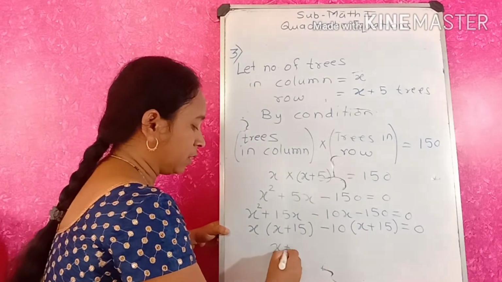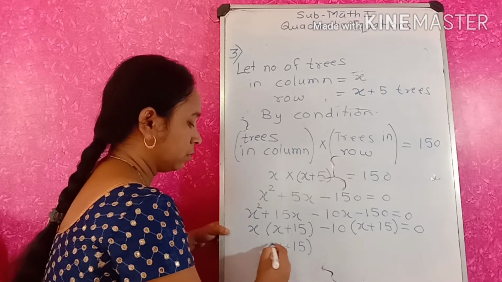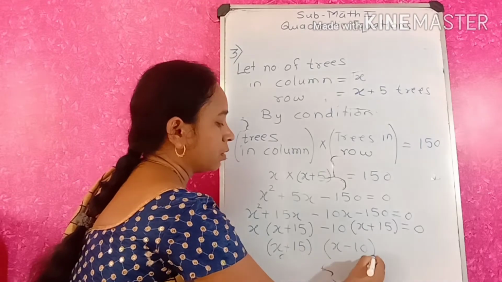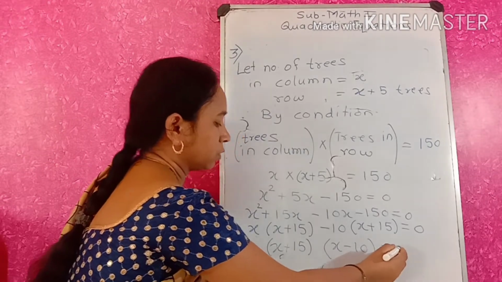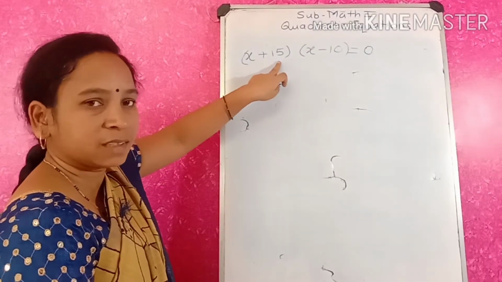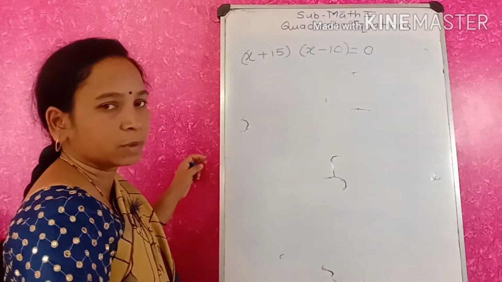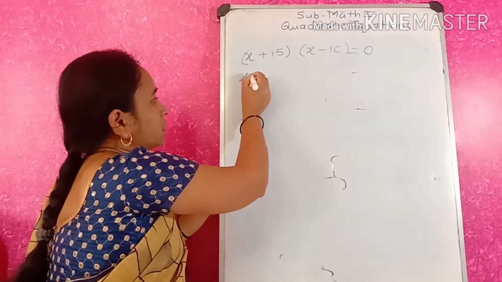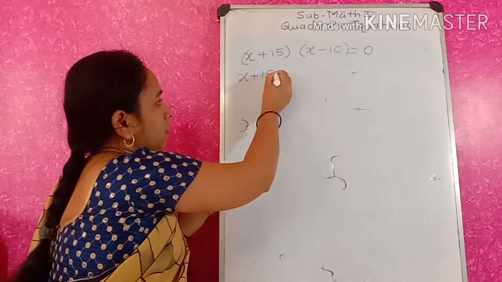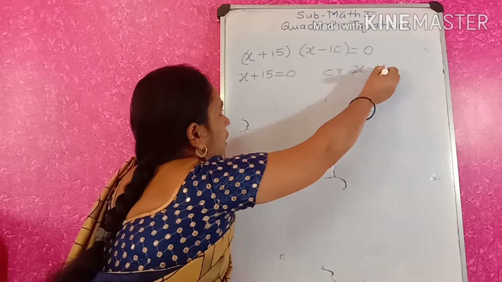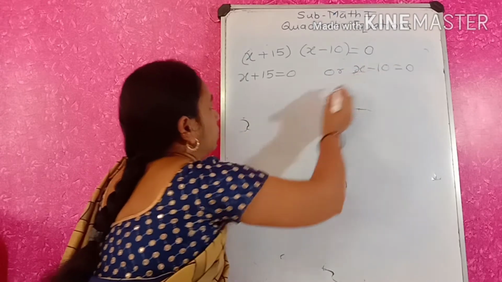x plus 15, x minus 10 is equal to 0. x plus 15 multiplied by x minus 10 is equal to 0. So x plus 15 is equal to 0 or x minus 10 is equal to 0.